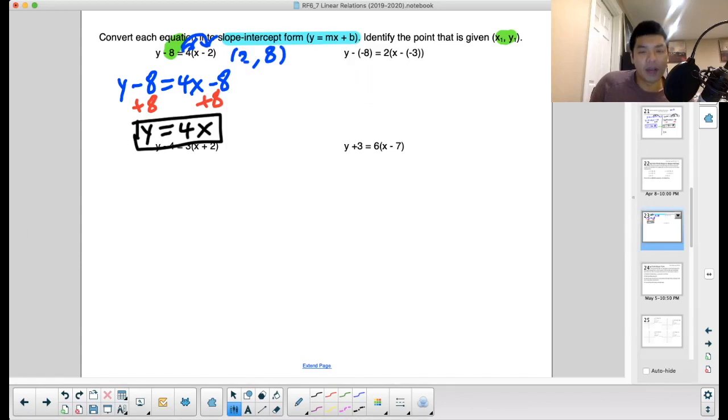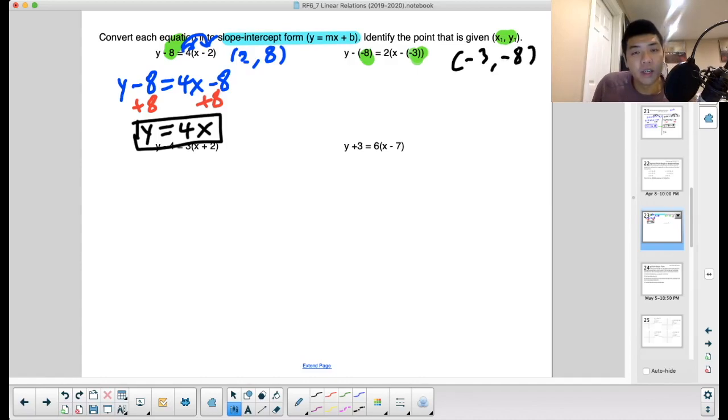I've got y minus this negative 8 here, and there you go, my 2 points. I should be able to identify this point as negative 3 and negative 8.